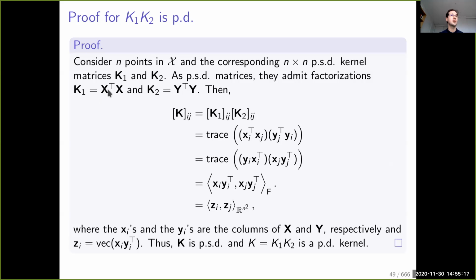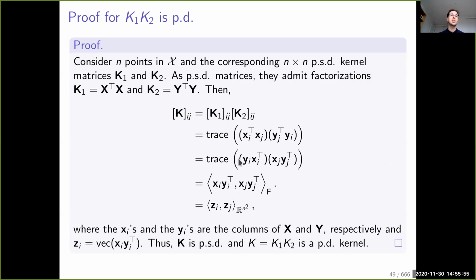K1 can be written as X transpose X for some matrix X, and K2 can be written as Y transpose Y for some other matrix Y. Now, if we consider the entry Kij of our kernel matrix, which is the product of the corresponding entries in K1 and K2, we can write every entry as a linear product between two columns of X, and as a linear product between two columns of Y. We have scalar values, so you can take the trace of it.